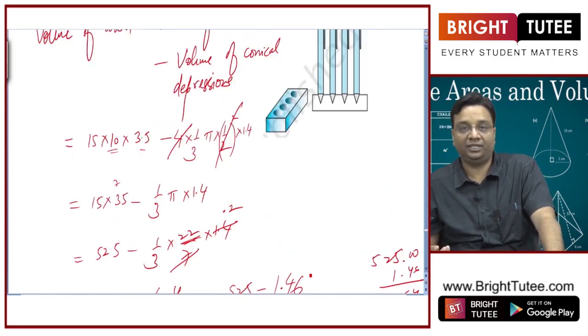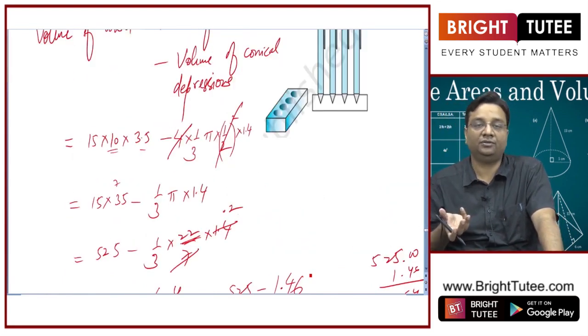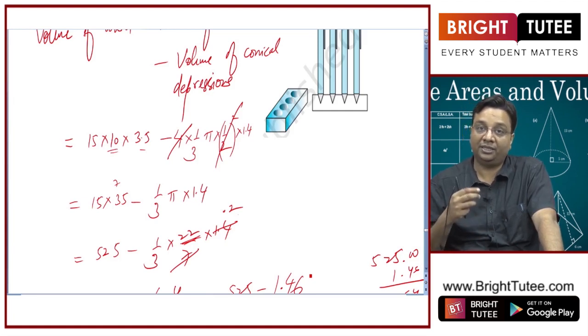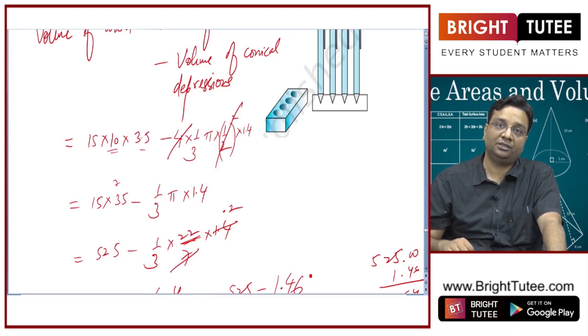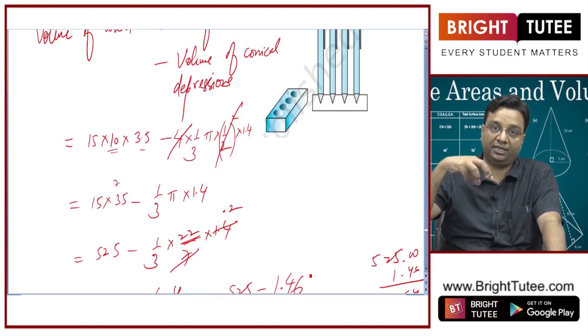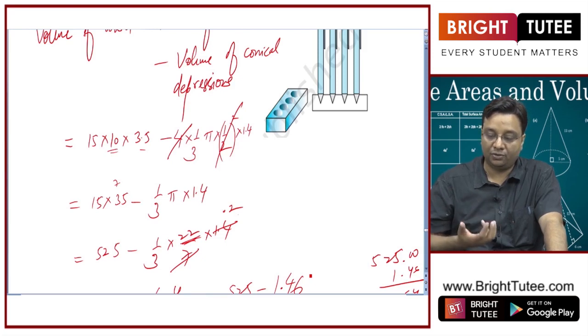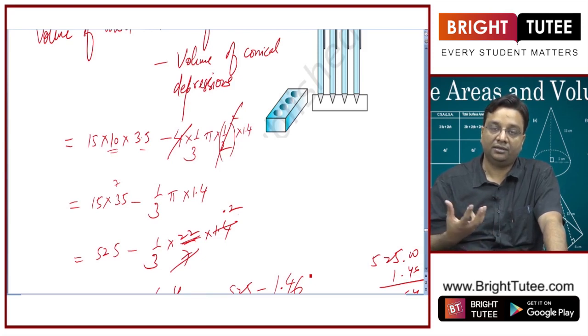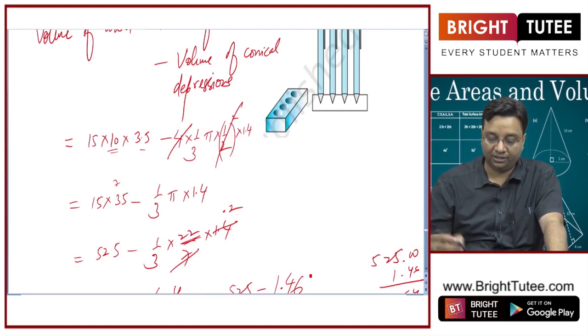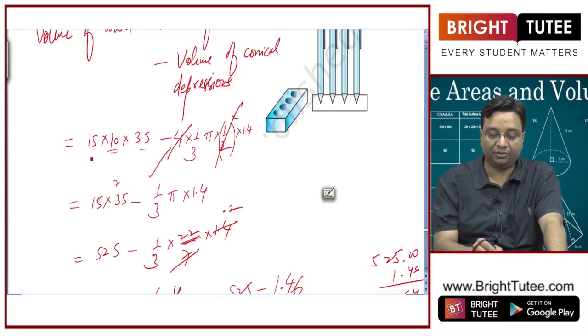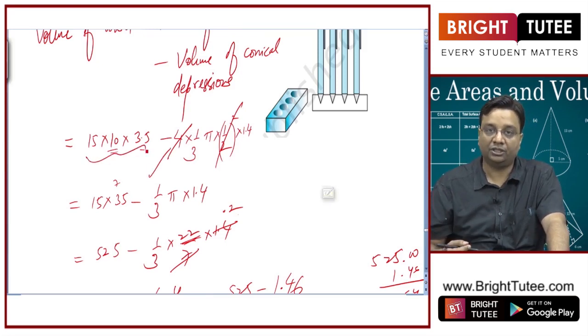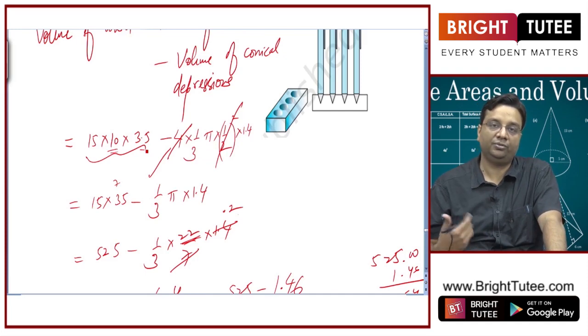So essentially what we did in this question is we calculated the volume of the cuboidal part, and conical depressions were there because the wood was taken out, right? So we had to subtract the volumes of these 4 conical depressions. So we subtracted this from the volume of this cuboid and we got the volume of wood used to make this pen stand.